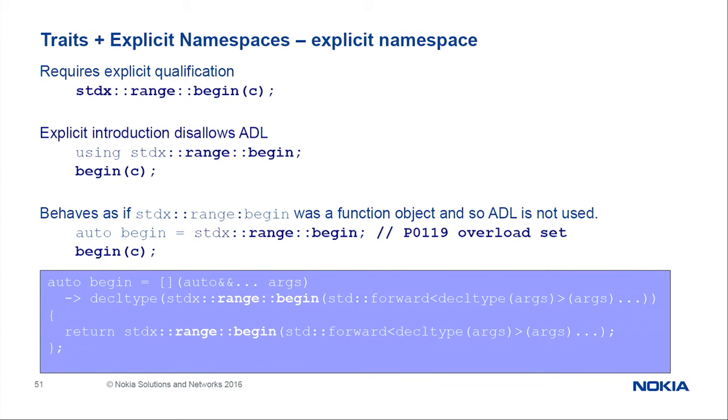What is behind this proposal, the overload set, is that for C++20 it is as if we have this begin, a variable that is a lambda, overloaded for any number of arguments, and if this works, I just forward to this. This is the meaning of this line.